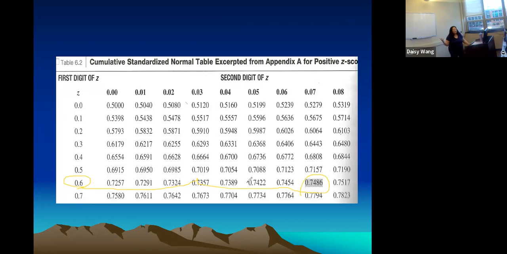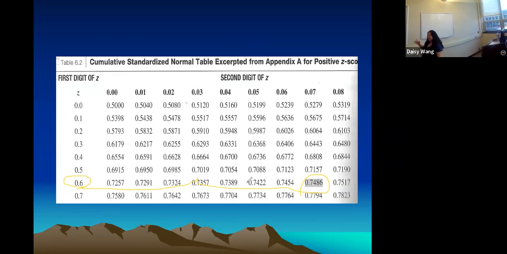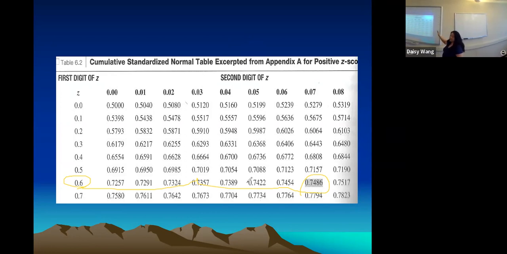So the probability would be 0.7486, about 75% chance that X is less than or equal to 14 when the average is 12 and the standard deviation is 3.